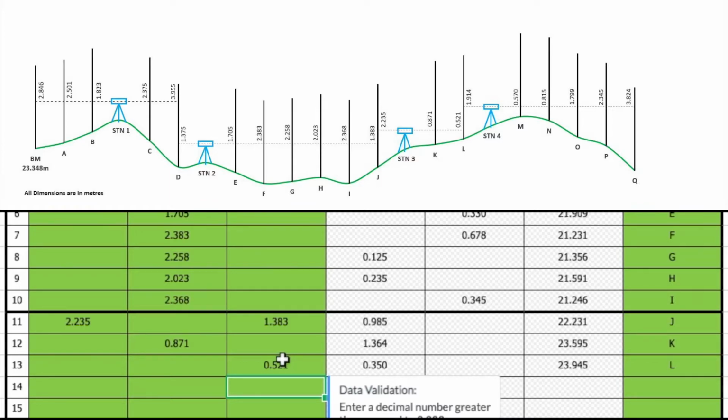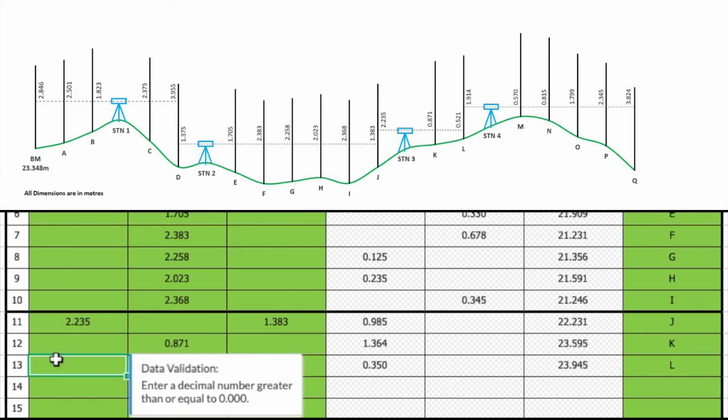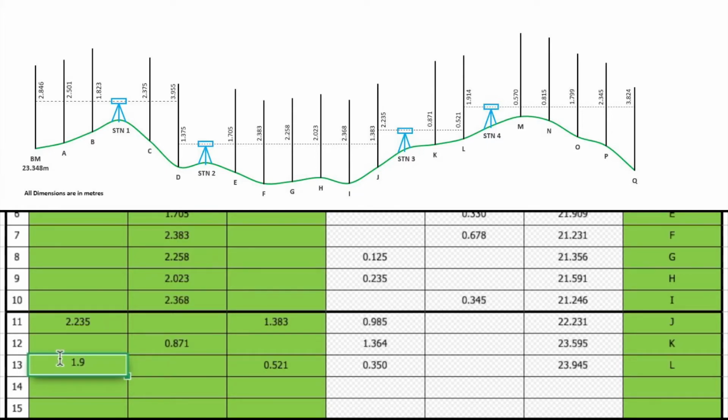The level is moved, repositioned to station 4, and your first reading is a backsight reading taken at point L. The value is 1.914.